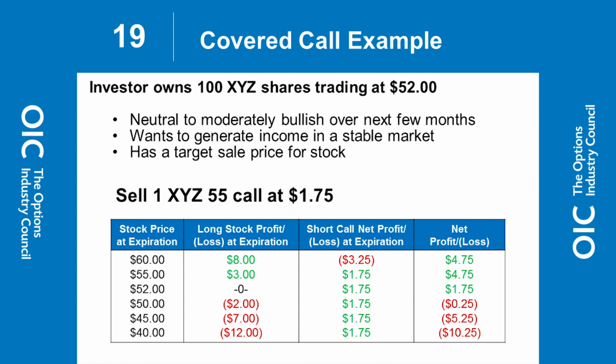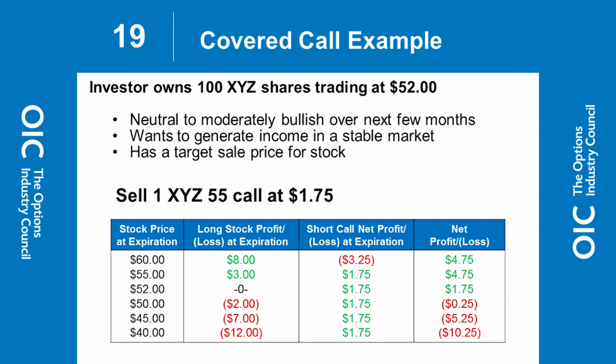If we just owned the stock by itself, we would have profited the $3, $300 on the stock, versus $475 on the covered call. So you can see that a covered call generates additional income. Now, if the stock keeps going, this is where some people look at it as an opportunity cost, for example.